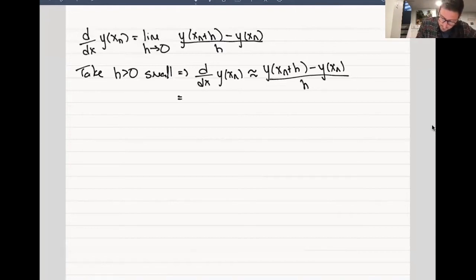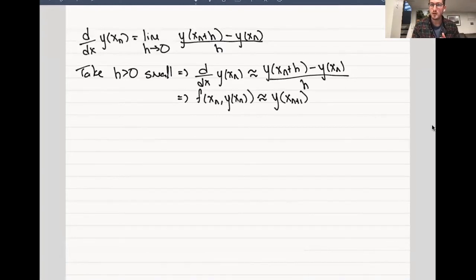Now, the left-hand side is just f of xn, y of xn. And so this piece right here on the right-hand side becomes xn plus 1. That's what we just saw. The definition of xn plus 1 is h more than xn, minus y of xn, divided by h.